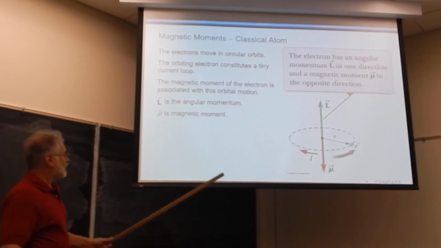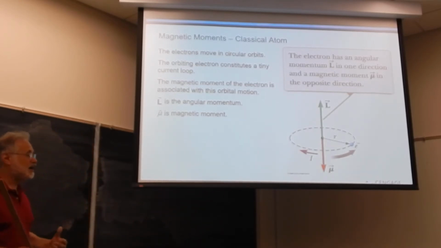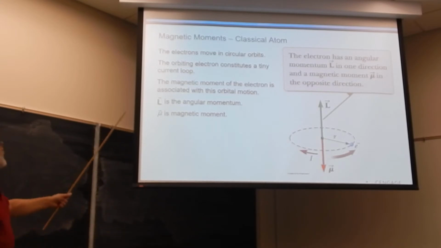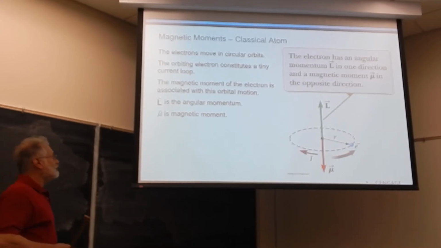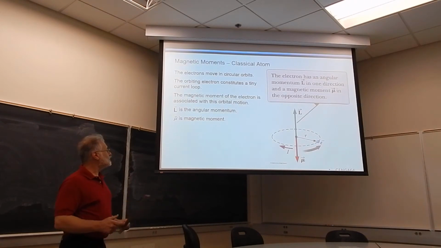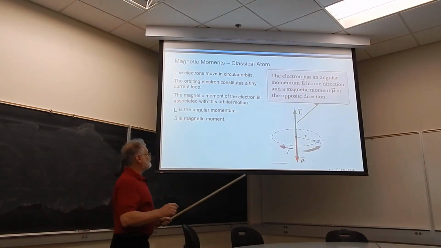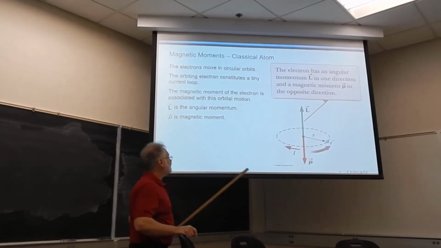Because we have a current moving in a loop, that's like having a tiny current loop. And so with that, we can associate a magnetic moment for the electron. Magnetic moment is the current times the area of the loop. And so that would be a vector that is perpendicular to the path of the loop.